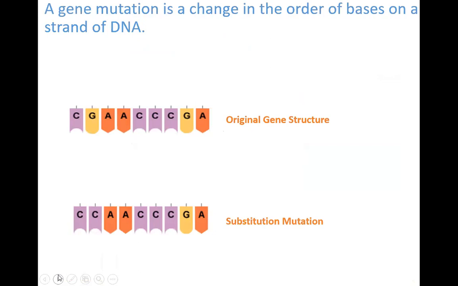So the substitution mistakes are not that big a deal because they're usually fixed pretty well. And if it does occur, it's usually going to occur at one location. So, if you have one little mistake at one location, then it's usually fixed.